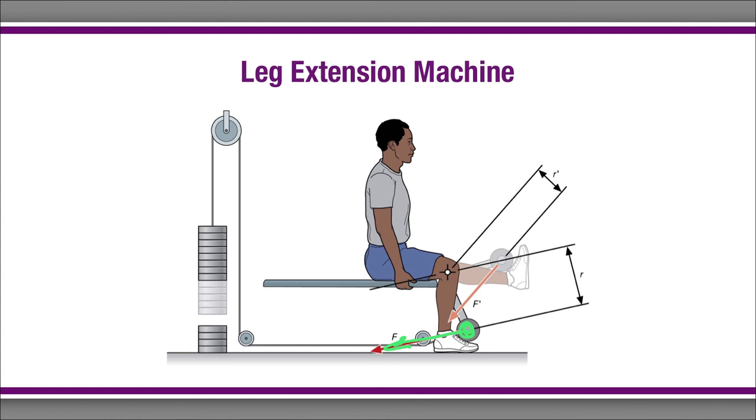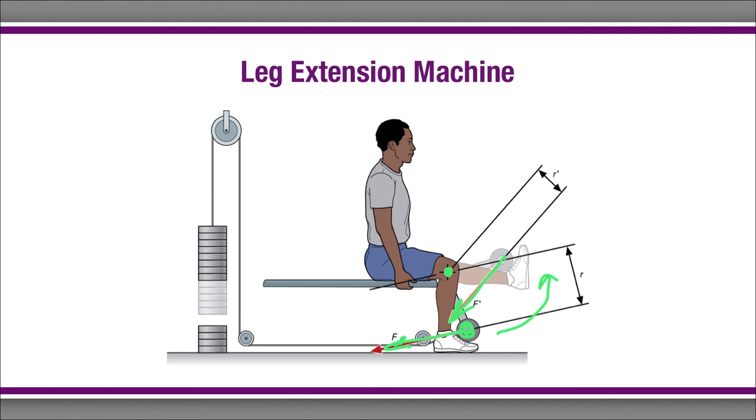If we think about doing a leg extension in which we go from seated knee flexion to seated knee extension, the torque provided here, about the axis of rotation of the knee, is actually a resistance torque. So we are resisting the force that is being applied by this machine.